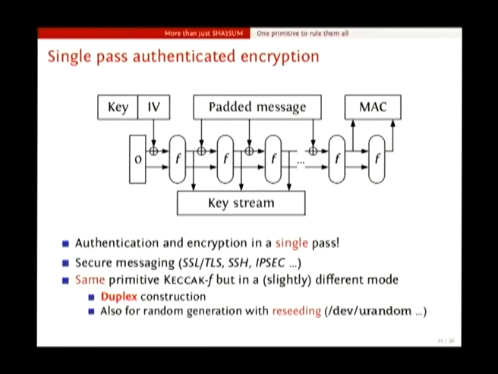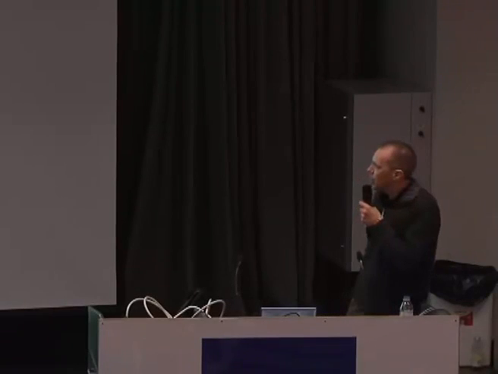Normally there's first an absorb phase and then a squeeze phase. But we defined a sister construction to the sponge called duplex, which can be shown, from a security point of view, to be equivalent to the sponge. You can also use this, for instance, for a deterministic random generator that allows reseeding, so that it allows you to input new randomness while it is running.